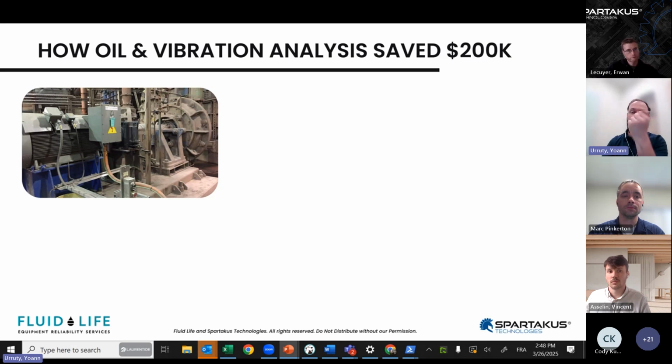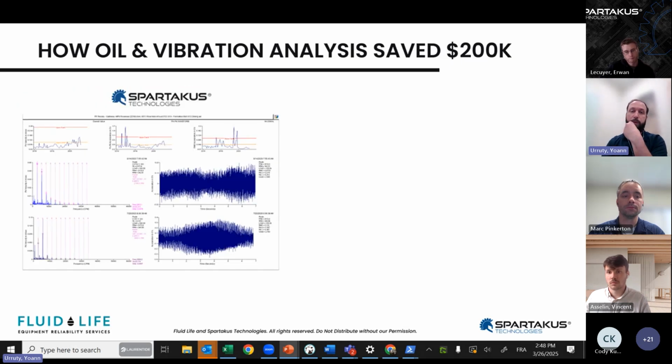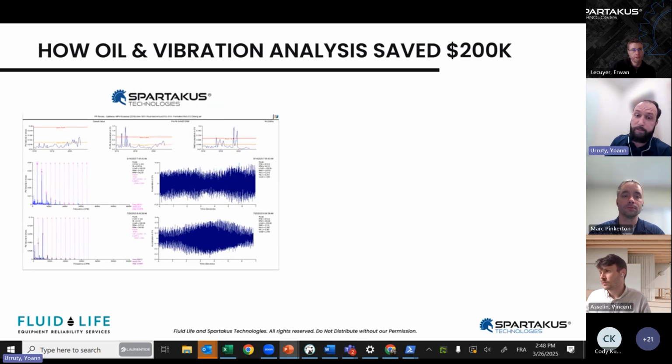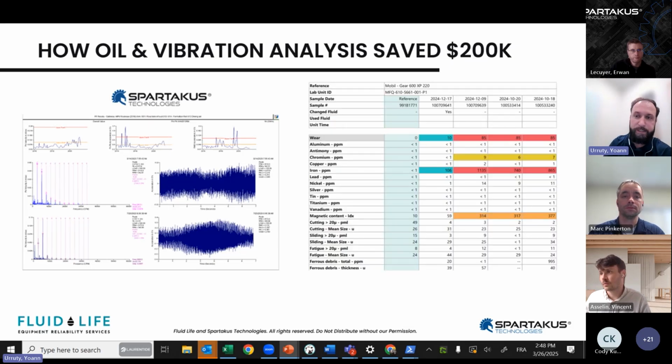And so to finish with the case study, we have a piece of equipment in a pulp and paper mill, a customer of ours, that was showing gear mesh frequencies. Our technician was seeing some weird frequencies, and we were able to find out that we were looking at a lot of material degradation with the oil analysis, right?